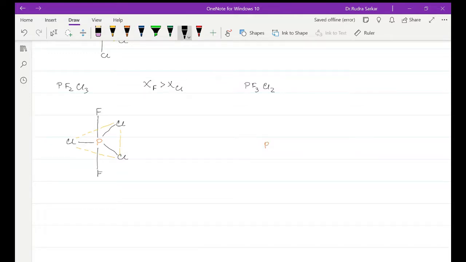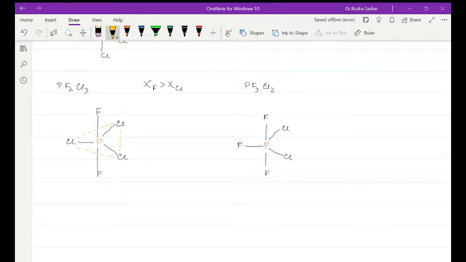So now if you have to place the atoms accordingly, we will say the chlorine will be placed in the equatorial bonds, and one fluorine will also be placed in the equatorial bond, and the other two fluorines will be placed in the axial bonds.